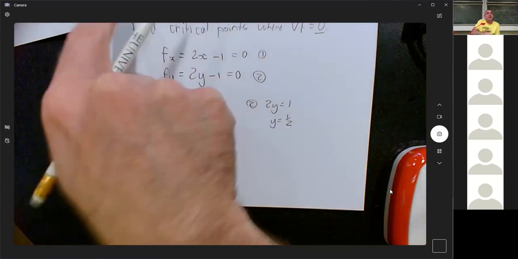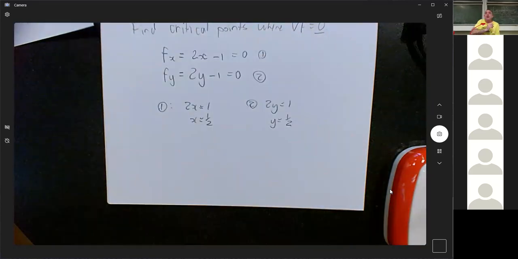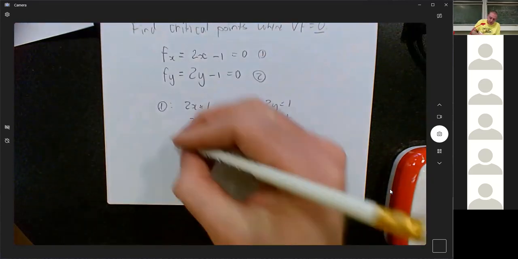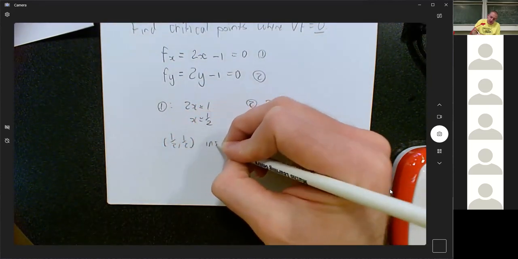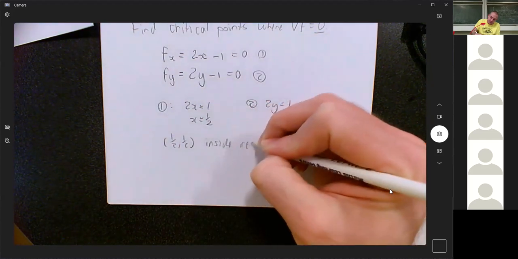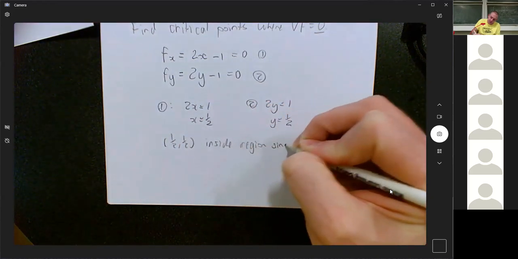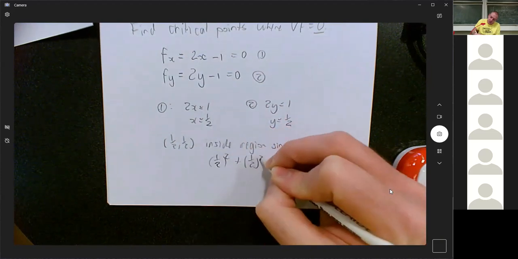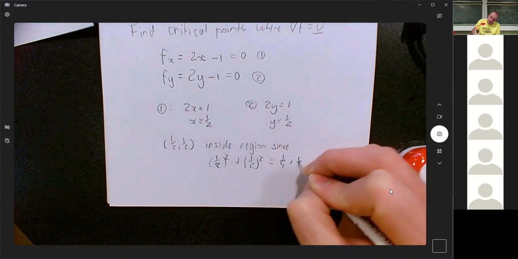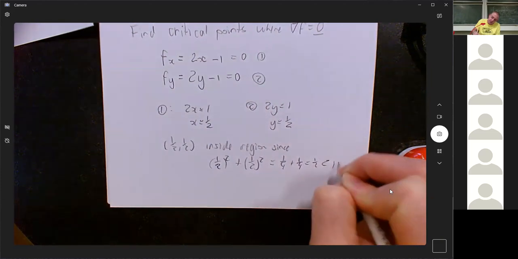So I just should check if that's inside the circle, because if it's outside the circle, I don't care. So a half, a half. I think it's inside the region, since a half squared plus a half squared is a quarter plus a quarter, which is a half, which is less than 1. So yes, that's okay.